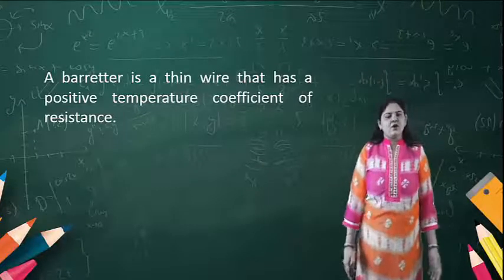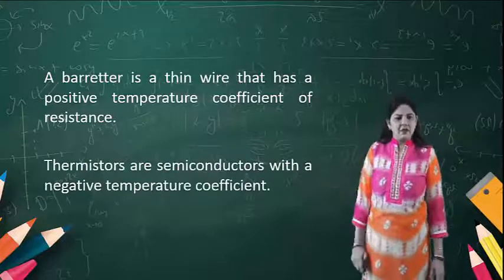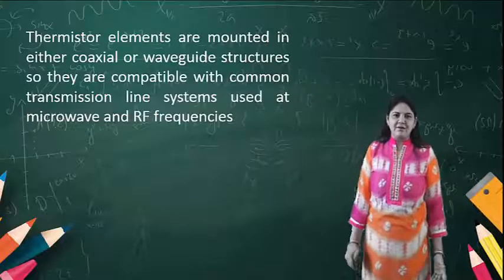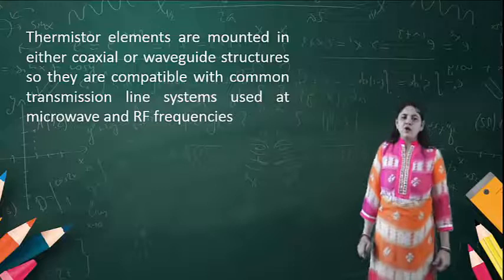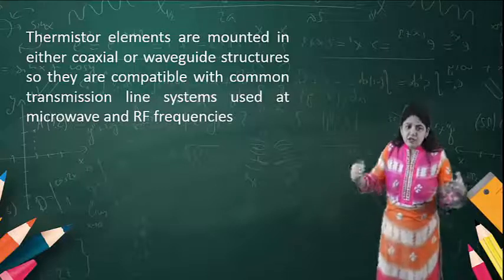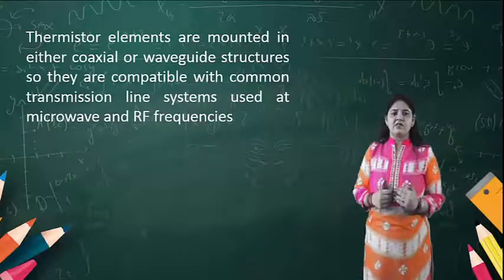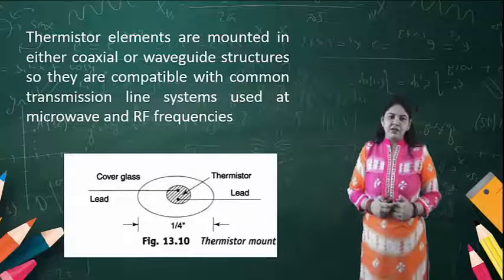The thermistor can be used with the microwave element. Thermistor elements are mounted in a coaxial or waveguide structure, and they are compatible with a common transmission system at microwave and RF frequency.